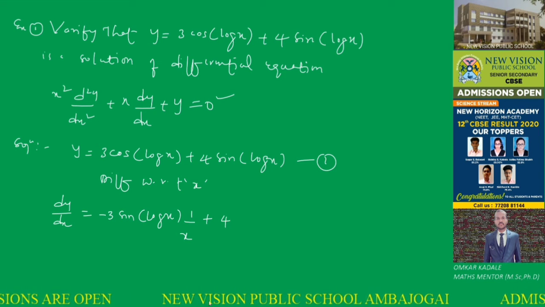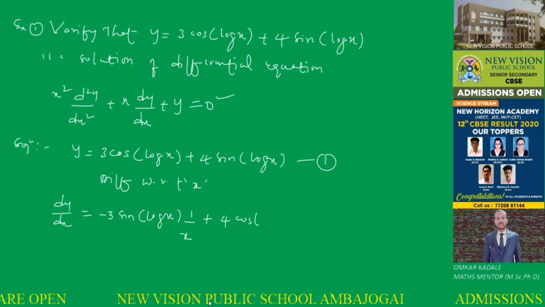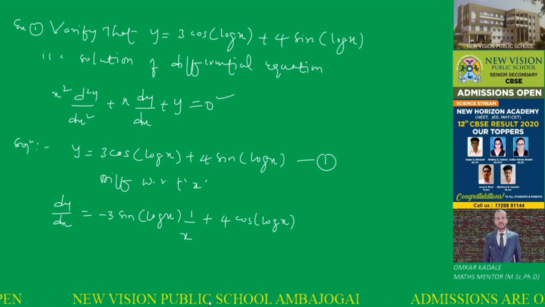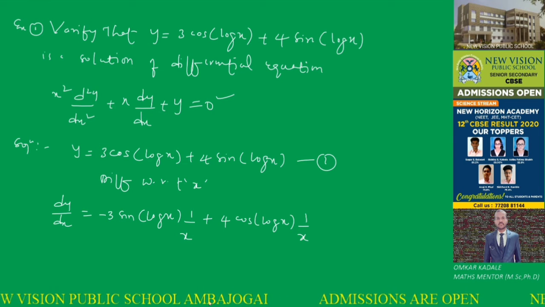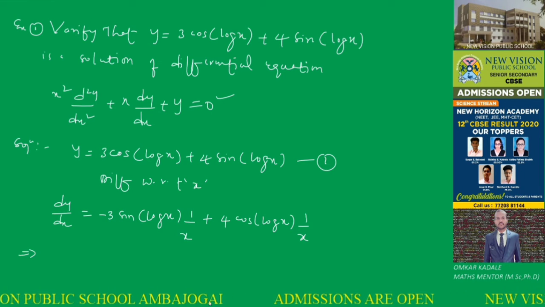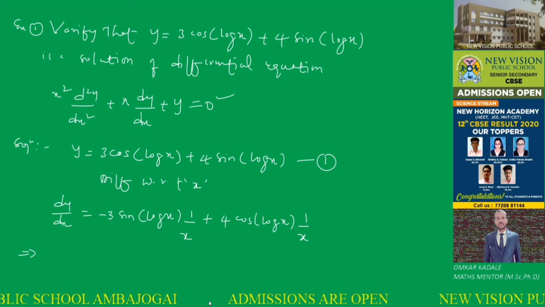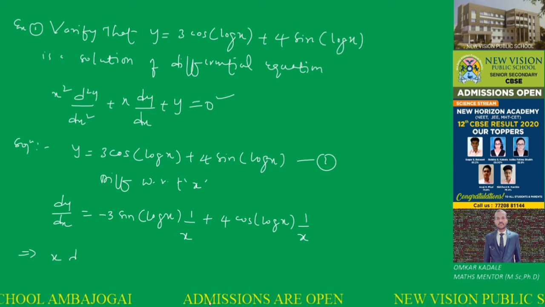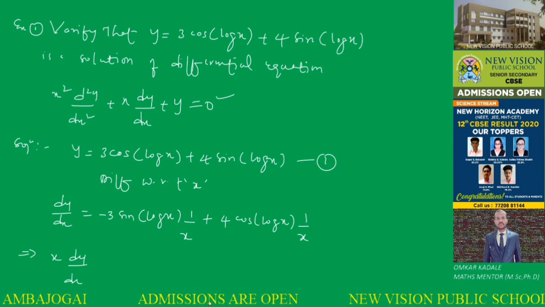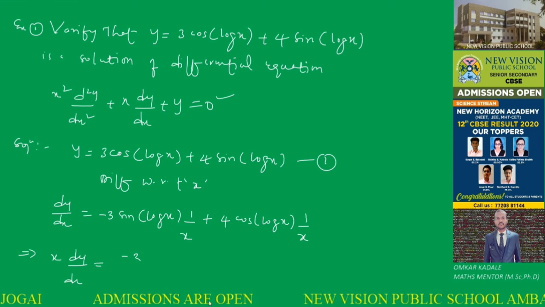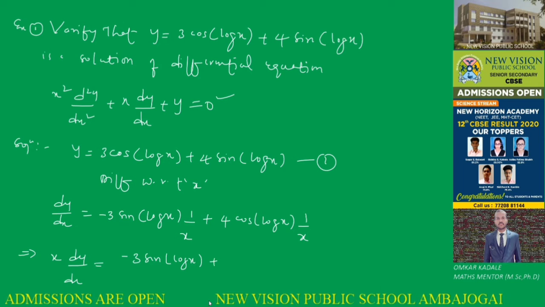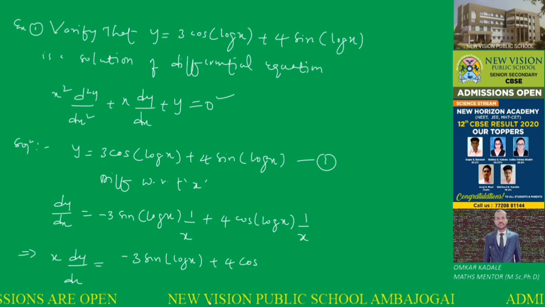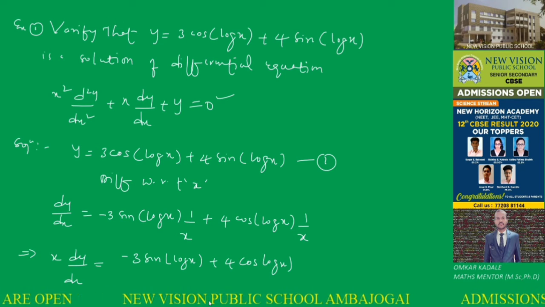Differentiation of sin x is cos x, so cos log x, and again differentiating log x gives 1 by x. Now take x from both the terms to the LHS. It becomes x dy by dx equals minus 3 sin log x plus 4 cos log x.